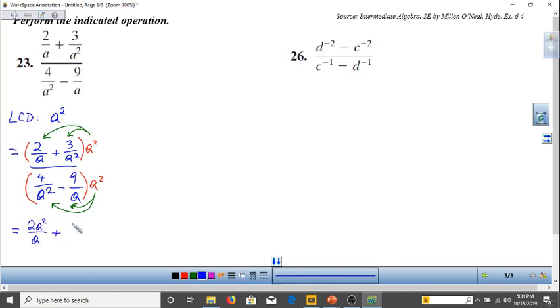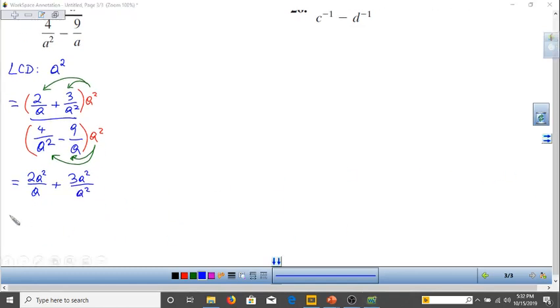We'll show that in a minute. And we have 3a squared over 3 over a squared, and then that quantity is divided by 4a squared over a squared minus 9a squared over a squared.